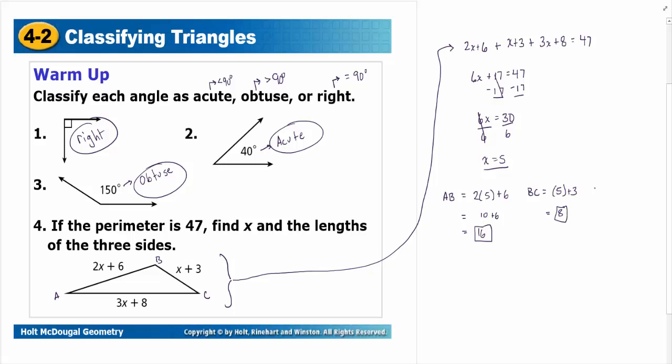And then we have AC. AC is going to be 3x, so 3 times 5 plus 8. So 15 plus 8, or 23 units. So that's your warm-up. Again, those are skills that we're going to be needing for 4.2.